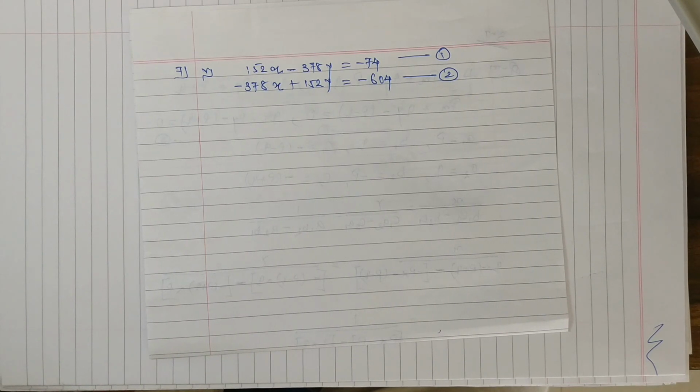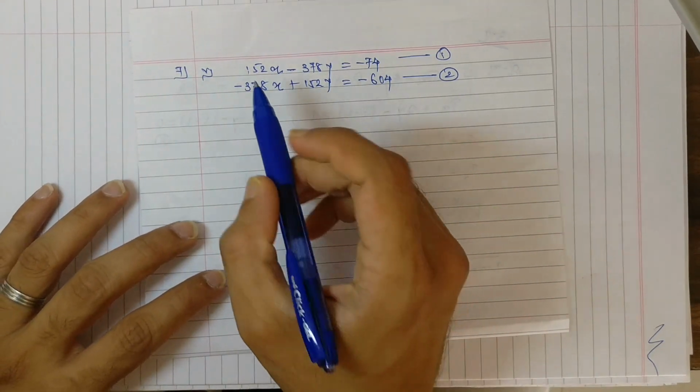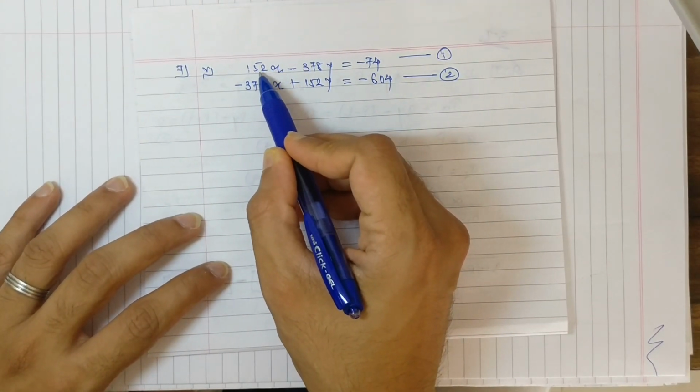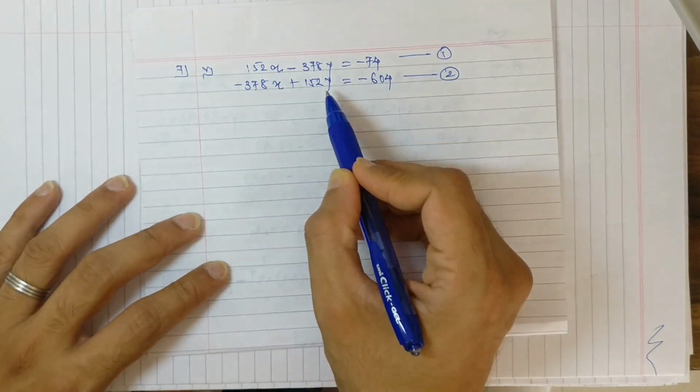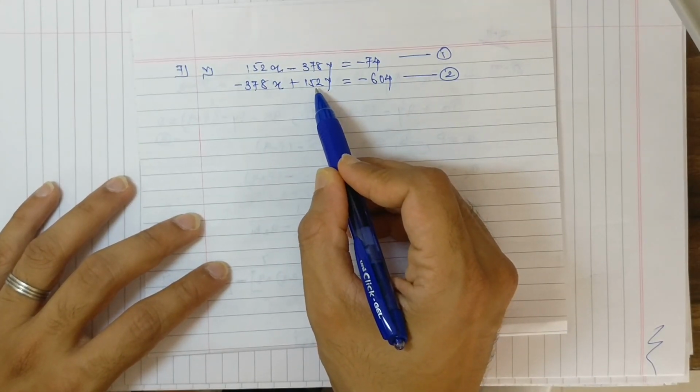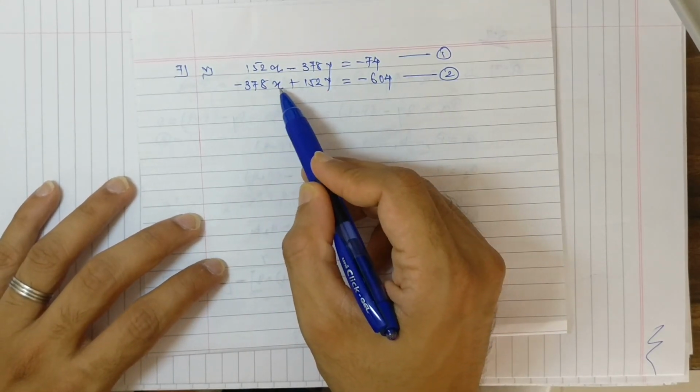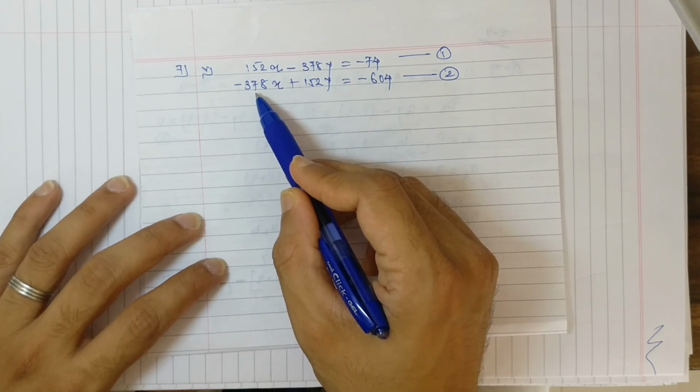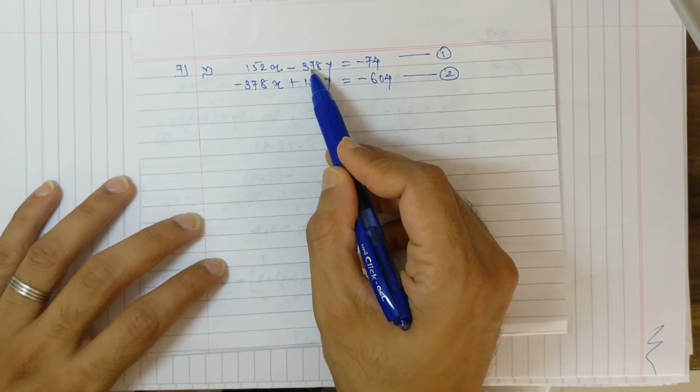In such equations, I would like to draw your attention to one pattern. What is the coefficient of x here? 152. What is the coefficient of y in the second equation? Same, 152. Coefficient of x here, minus 378. Coefficient of y here, minus 378.